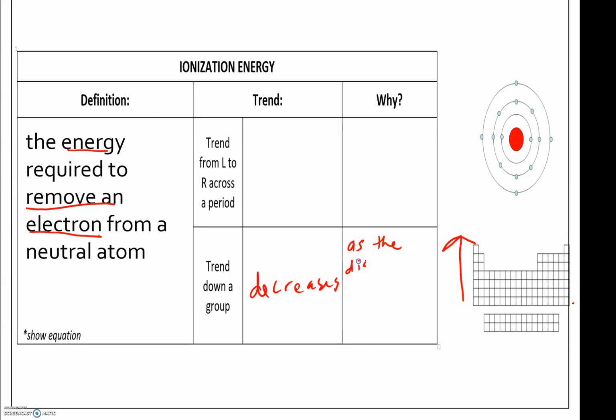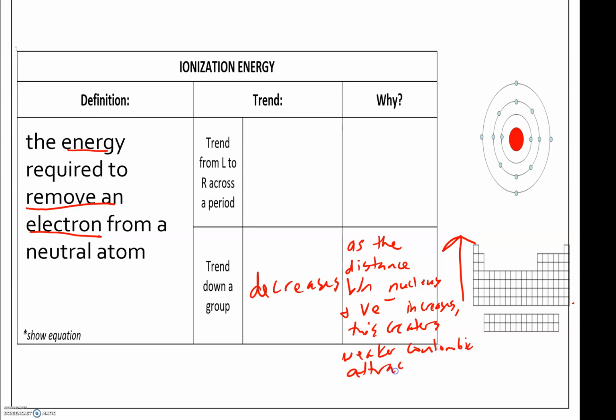As the distance between the nucleus and valence electrons increases, this creates weaker Coulombic attractions between the protons and the valence electrons.